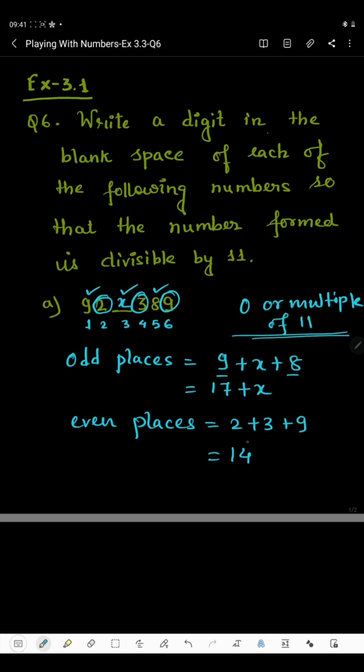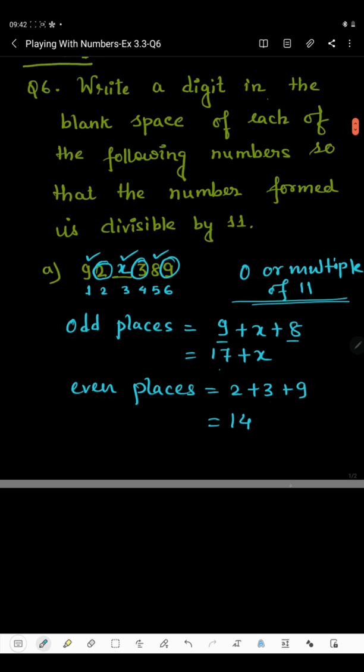Now here the difference cannot be 0, because here we already have 17, which is greater than 14. We have to take a number that should be added to 17, so it cannot be 0. If instead of 17 some number less than 14 was there, then some number could be added to make 14, and 14 minus 14 would be 0, right?